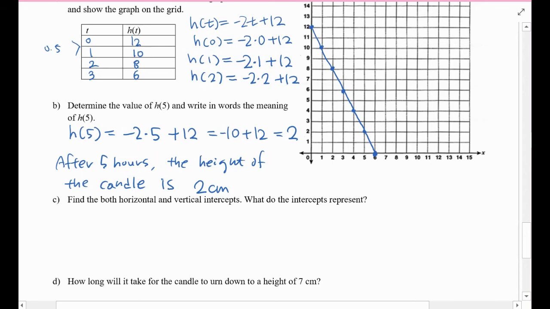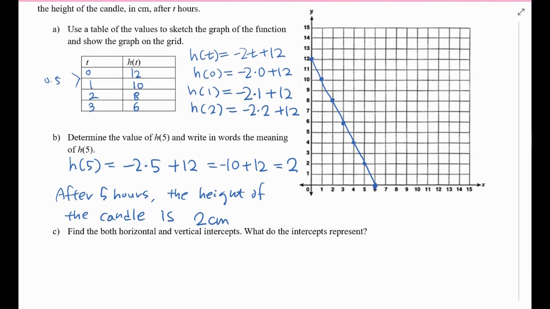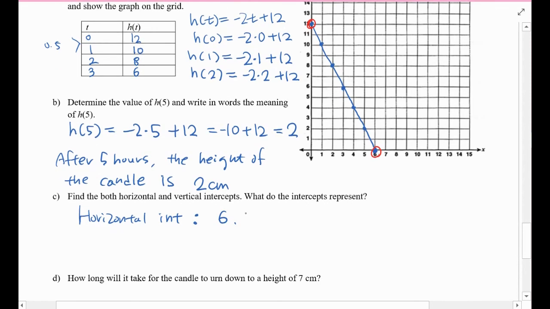Find both the horizontal and vertical intercepts. Okay, vertical intercept 12, horizontal intercept 6. So what does that mean? What do the intercepts represent? Horizontal intercept, 6 hours. What does this mean, everyone?